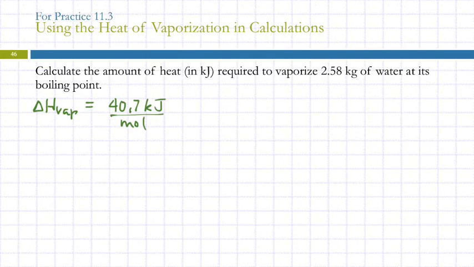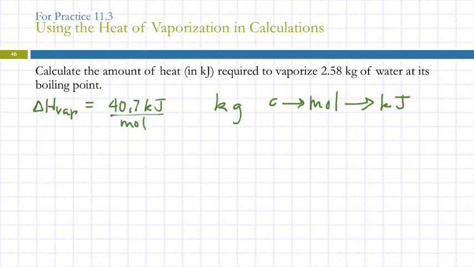So we can approach this as a unit conversion problem. Here we've got kilograms of water. We want heat in kilojoules. So our path here is kilograms, and we want to end up with kilojoules. This is a relationship between kilojoules and moles, right? So we need to get moles in here. And how do we get from kilograms to moles? We need the molar mass.